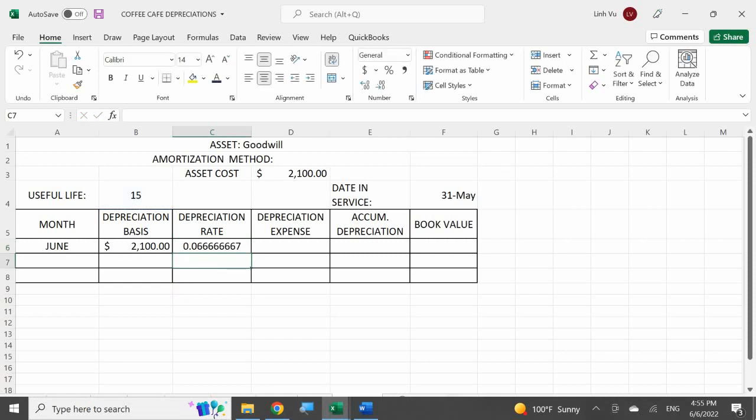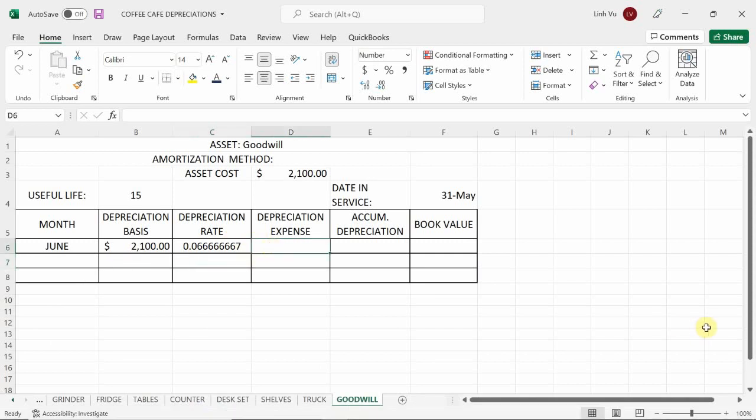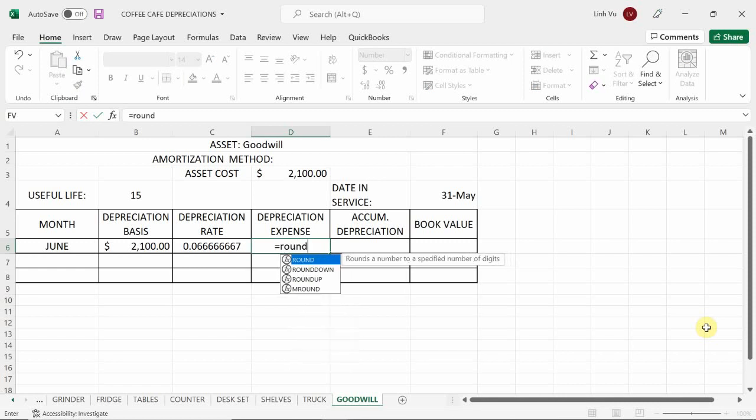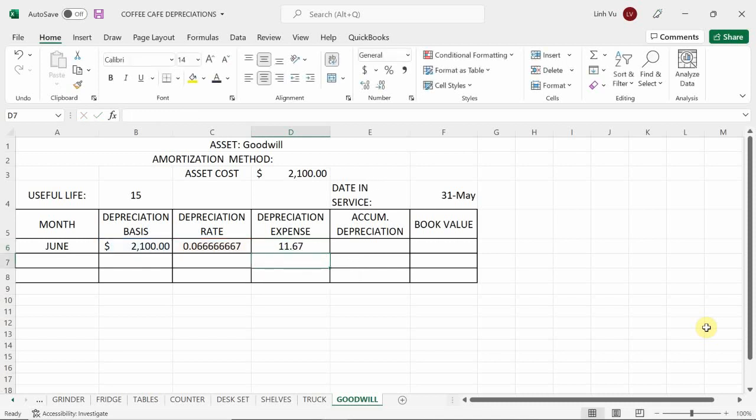So that will give you 0.066666 ongoing. Because it acts just like straight line, we only want to depreciate it for the month of June. So it's still the same formula as straight line, basis times rate, but we're going to divide it by 12. And that's going to give us a grand total to amortize of $11.67.